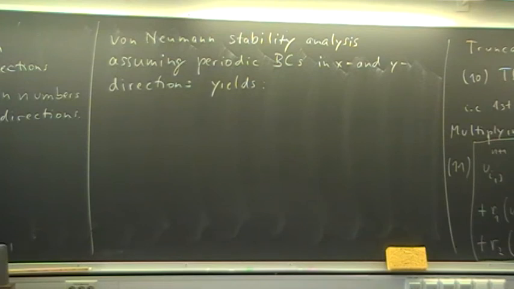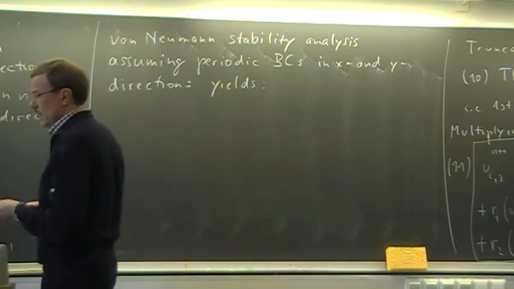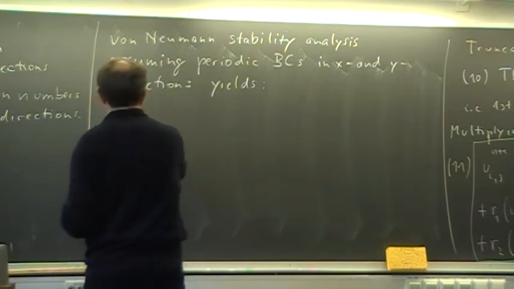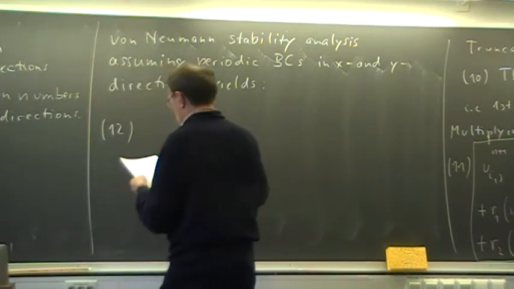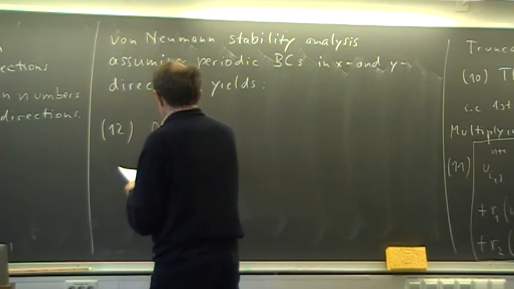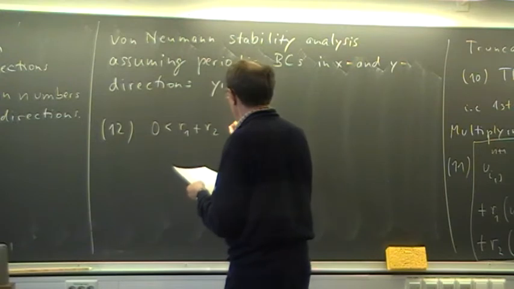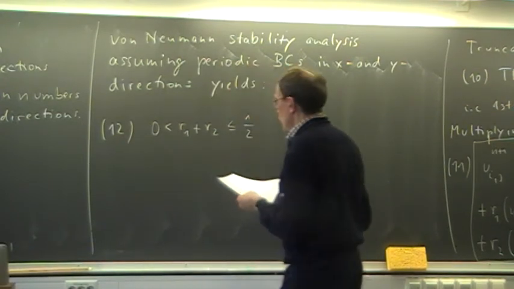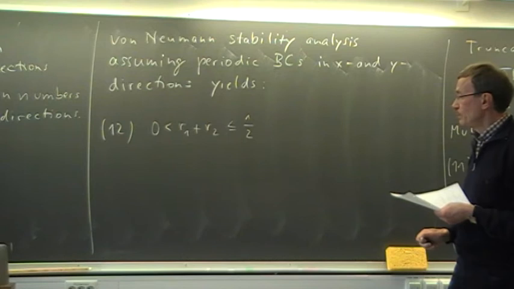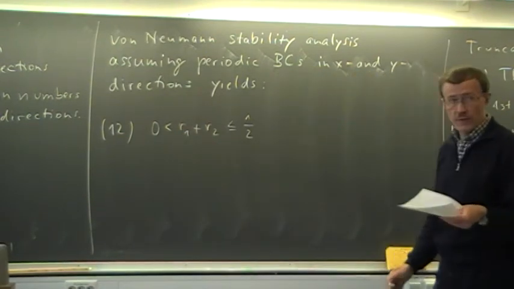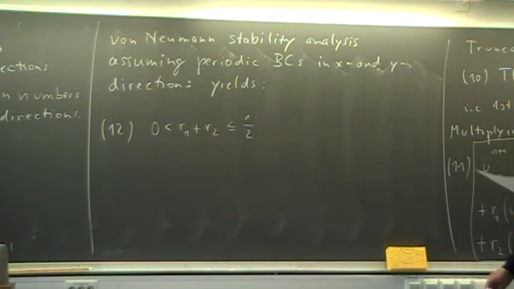The result is the following. Let's see, where are we in the numbering? 12. We have a stability condition that is similar to that for the 2D diffusion equation. This indicates that we need diffusion, so alpha must be larger than 0.